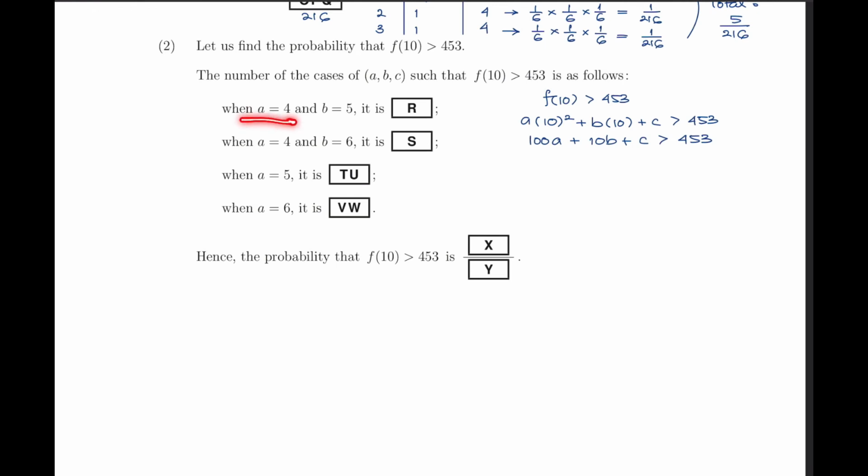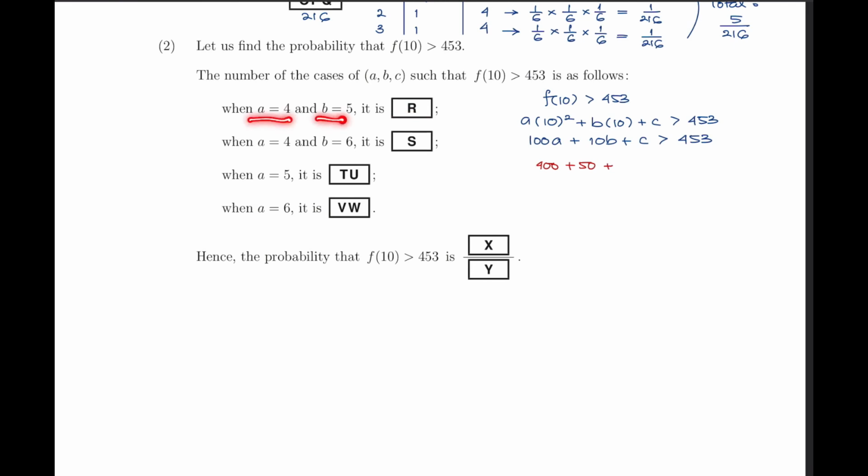The first case is when A equals 4. When A equals 4, it means 400. B equals 5 plus 50. How many cases are there?